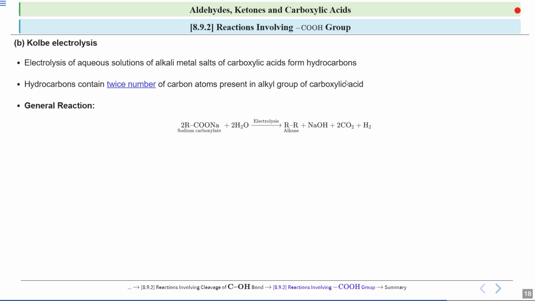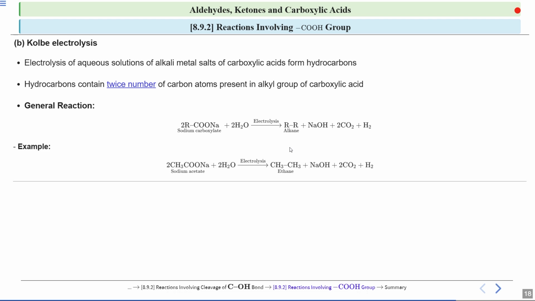If you look at this general reaction, we start with two molecules of sodium carboxylate, and through electrolysis we get an alkane, sodium hydroxide, carbon dioxide and hydrogen gas. You will see that this hydrocarbon contains twice the number of carbon atoms present in the alkyl groups of the carboxylic acid. This is the transformation of a carboxylate to a hydrocarbon.